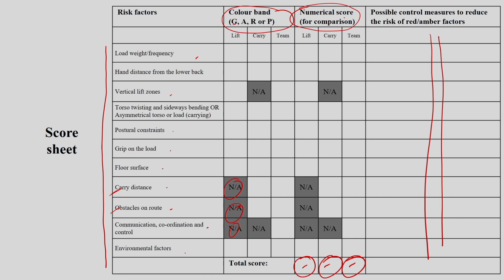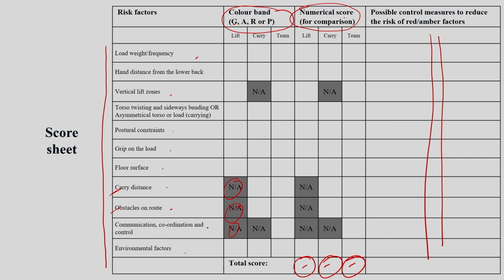Colors will help you decide where the intervention can be. Numbers will help you analyze what kind of improvement or changes you have made through your intervention. So this is the importance of this particular score sheet.